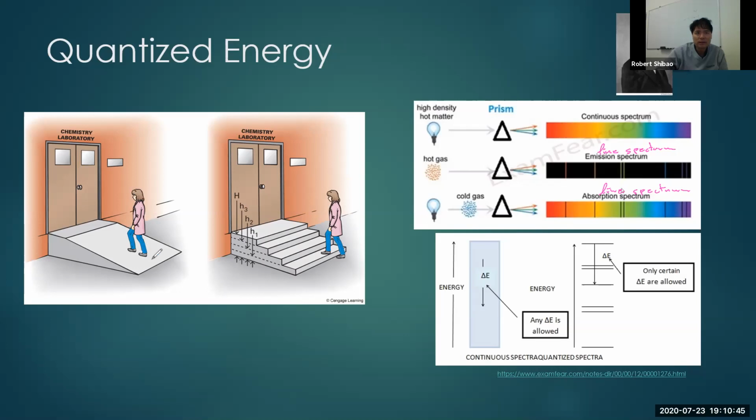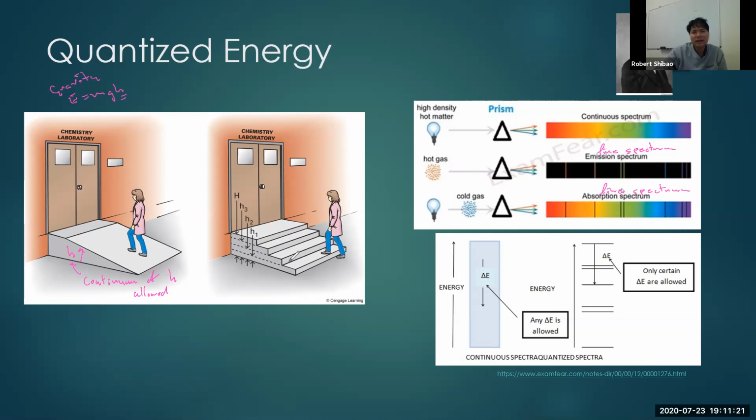Nothing's forbidden as far as height goes. All heights are allowed. When we have a continuum of heights allowed, we have a continuum of energies, because gravitational potential energy is mgh, and h is the important thing here. This is for gravity.